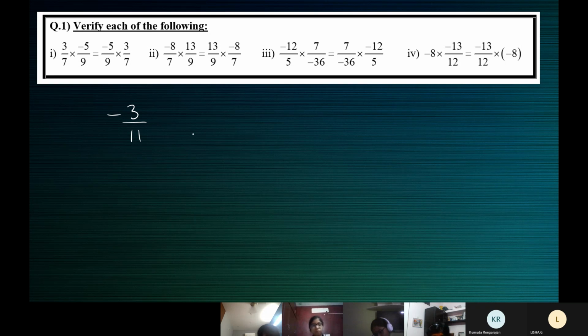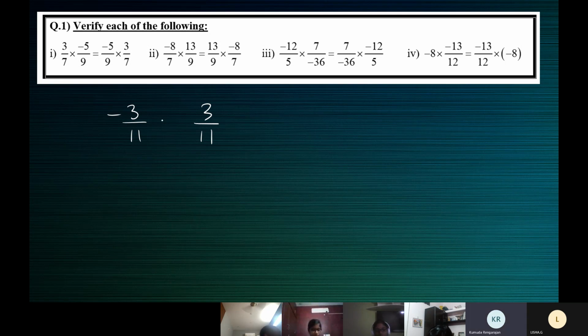Ma'am, 3 by 11. Why? Because you have given that for additive inverse we should not change the numbers. Correct. Now, what should you perform and what will be the result? Ma'am, we should only change the signs. So the result is 3 by 11.